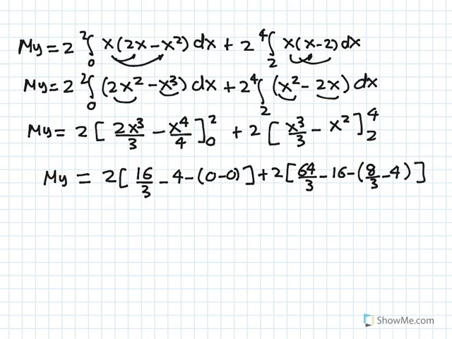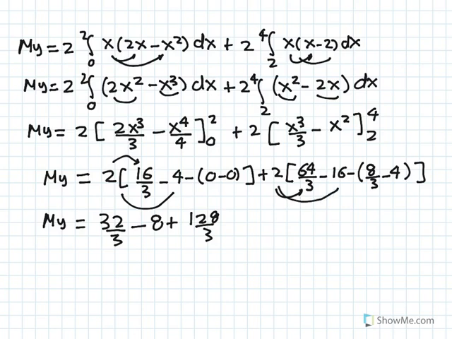Close off the brackets. So the moment with respect to the y-axis is, we get 2 times 16 over 3, let's multiply all of this out, we get 32 over 3. 2 times negative 4 is minus 8, plus 2 times 64 over 3 is 128 over 3. 2 times minus 16 is minus 32, minus 16 over 3. And we get minus 4, which is plus 4 times 2, plus 8.